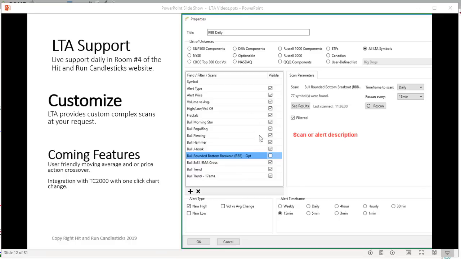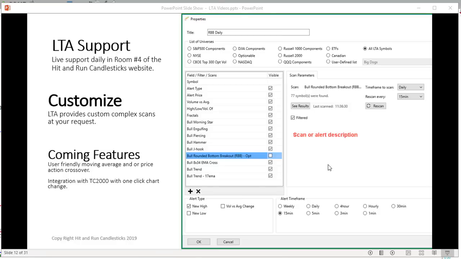Those scans you'll be able to control and make however you want. We also offer personalized, customized scans for the more complex scans. We can take care of that on our end. We just need to know what rules you want in it, and maybe a chart example would be very nice as well.